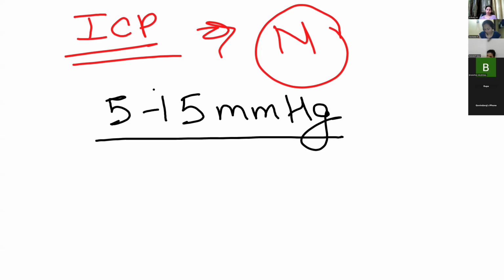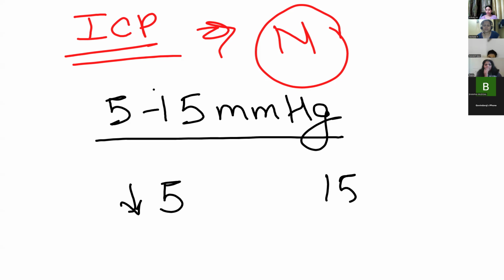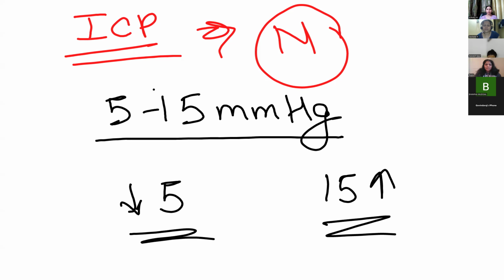Now tell me one thing. Rupa, please unmute yourself. Now tell me, अगर 5 से कम हो और 15 से ज्यादा हो, इन दोनों कंडीशंस में से नॉर्मल कौन सी है? Now tell me, if the level is less than 5 and more than 15, is it normal? No, ma'am.